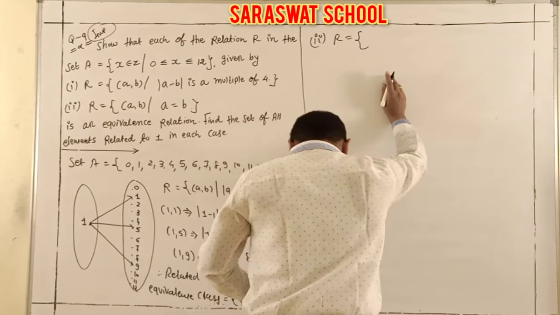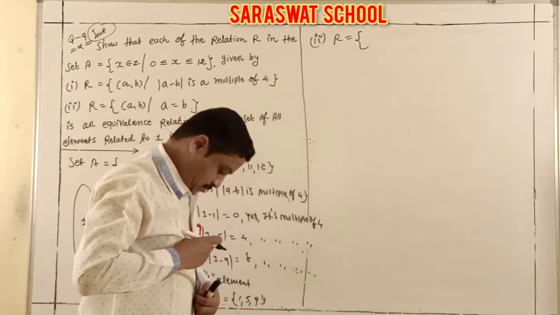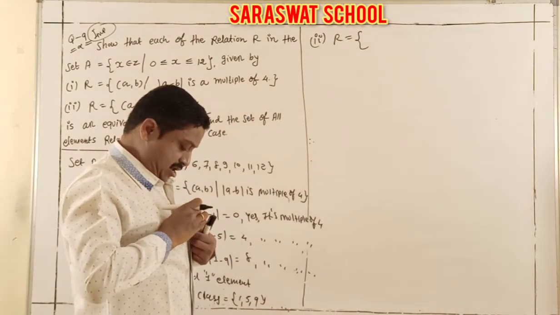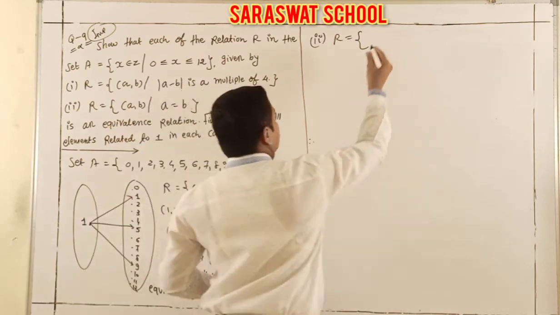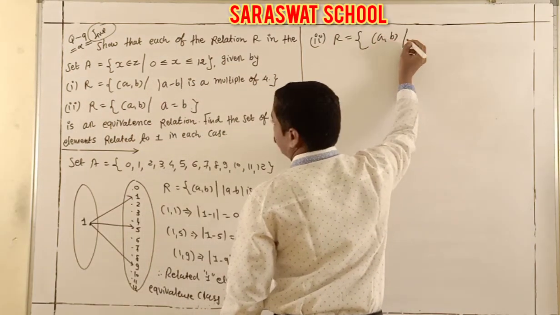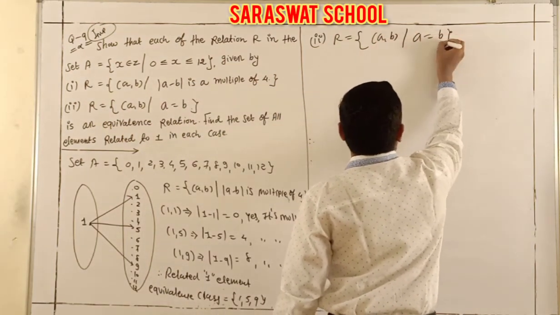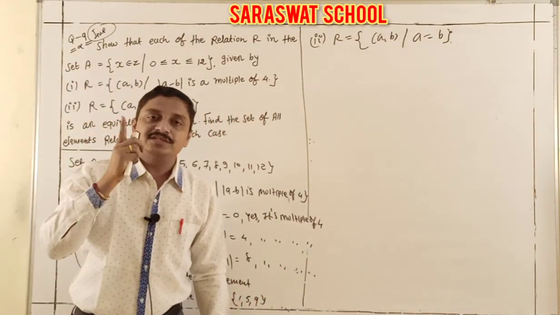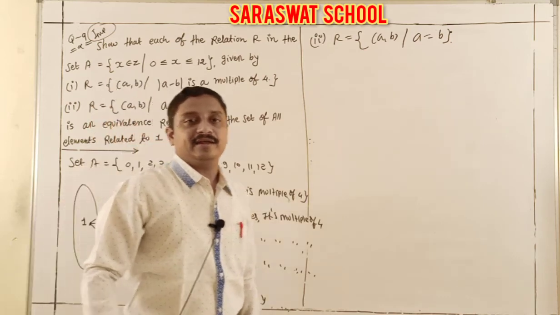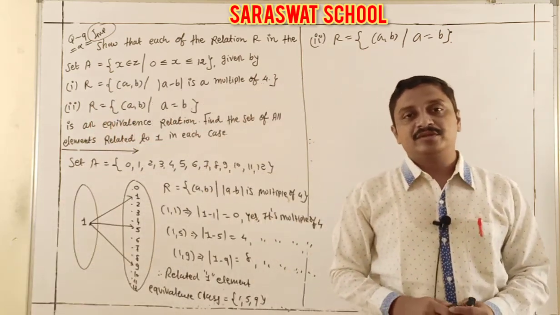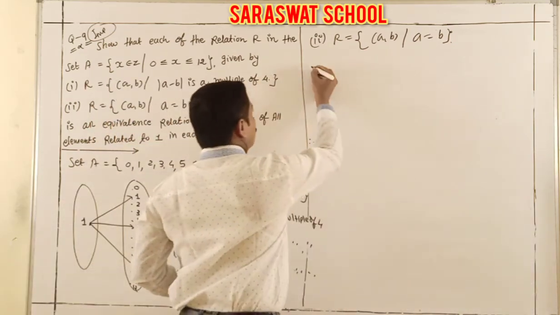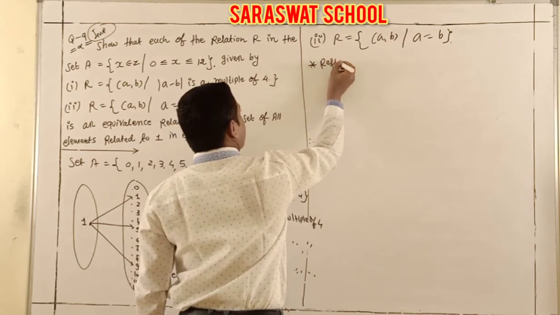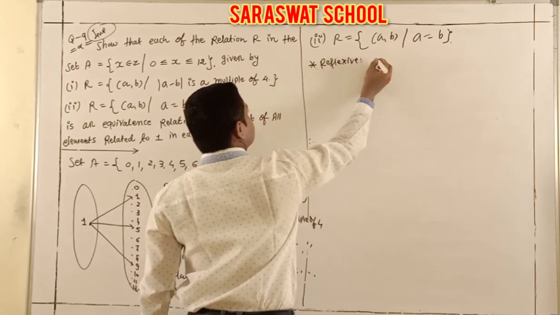R is (a, b) such that a is equal to b. So students, same explanation. First of all, reflexive, symmetric and transitivity. This is the second one. So first of all, reflexive. What is a reflexive relation?